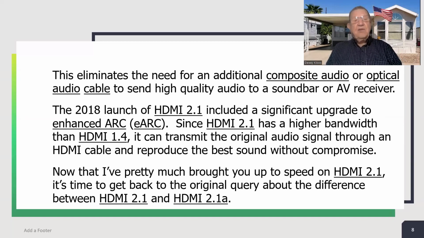The 2018 launch of HDMI 2.1 included a significant upgrade to enhanced ARC, known as eARC. Since HDMI 2.1 has a higher bandwidth than HDMI 1.4, it can transport the original audio signal through an HDMI cable and reproduce it with the best sound possible without any compromise.